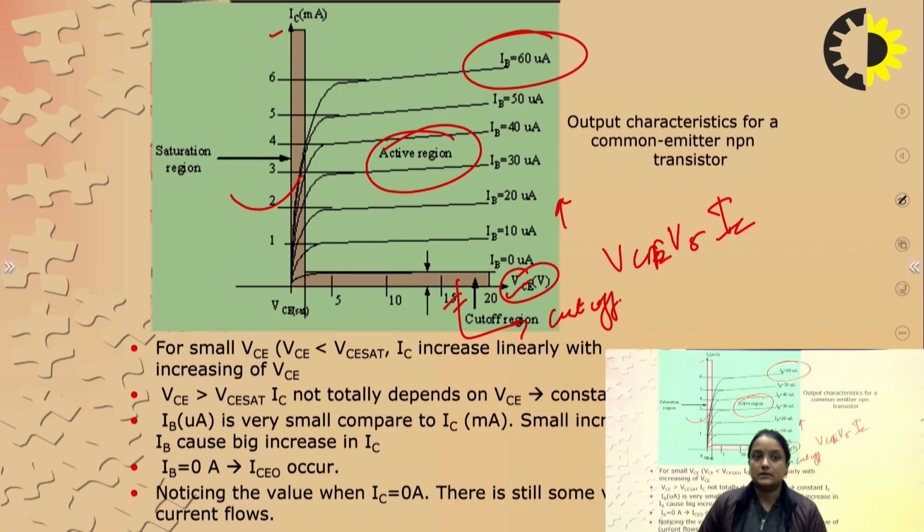Next, it is a current control device in which the current equation, as we derived earlier, is given by IE equals IB plus IC, which is the universal current equation for BJT and will remain the same even if we change the configuration of BJT. Whether we are working in common emitter, common base, or common collector configuration, this equation will remain the same.